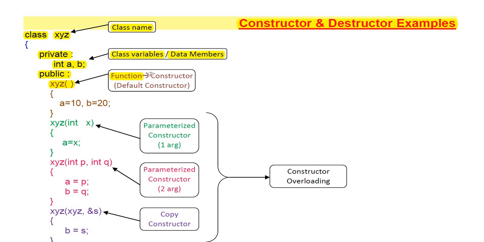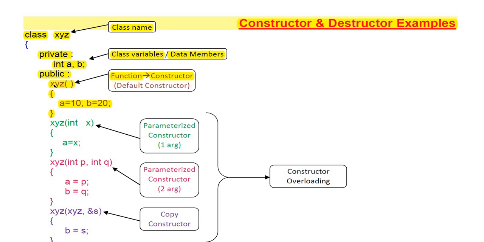Hence this function will become a constructor, because any function having the same name as the class name becomes a constructor. So this is a constructor and this is the body of the constructor.